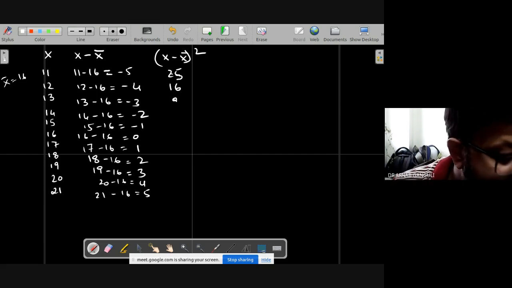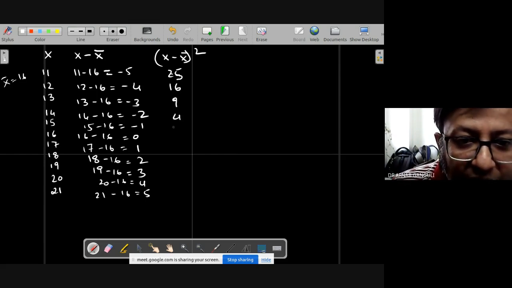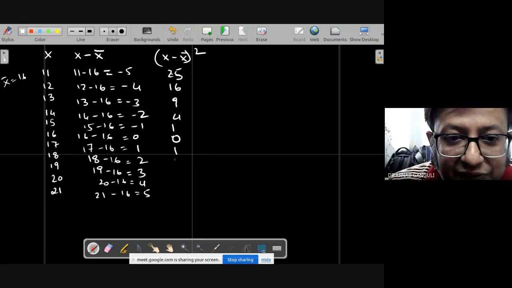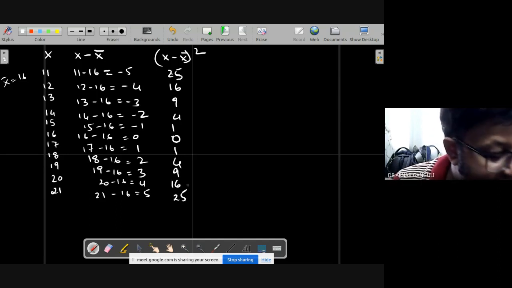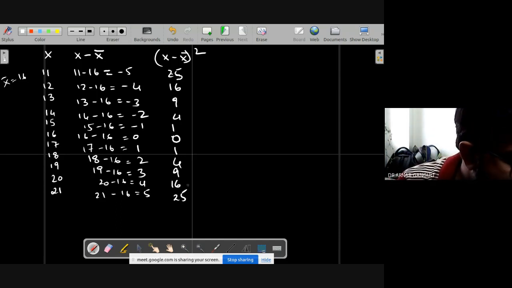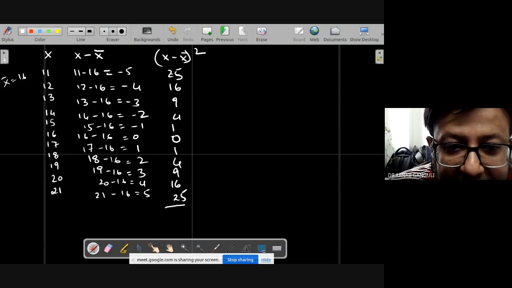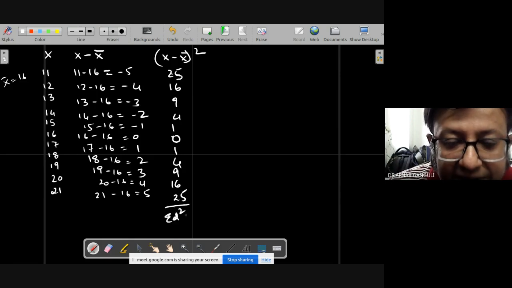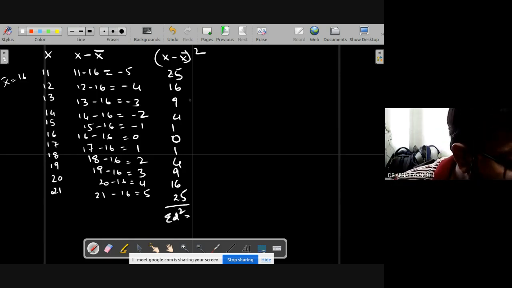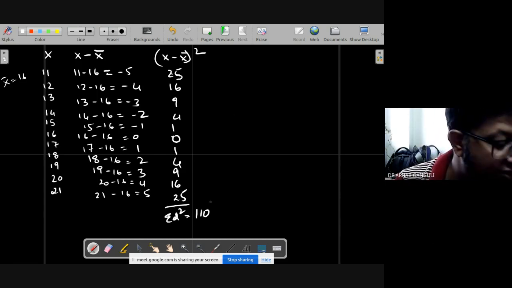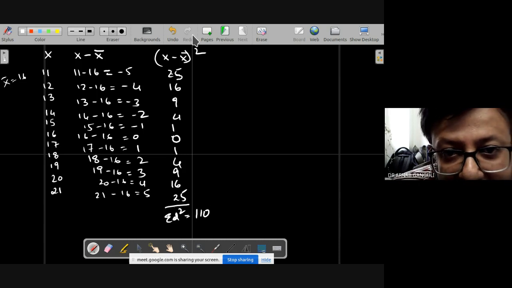This is 9, 4, 1, 0, 1, 4, 9, 16, 25. So now what is sigma d square? Adding this, it comes to something around 110. I did it looking at the book.